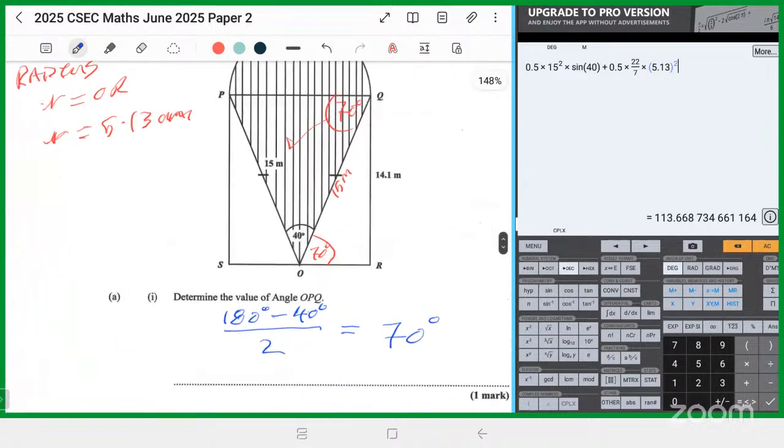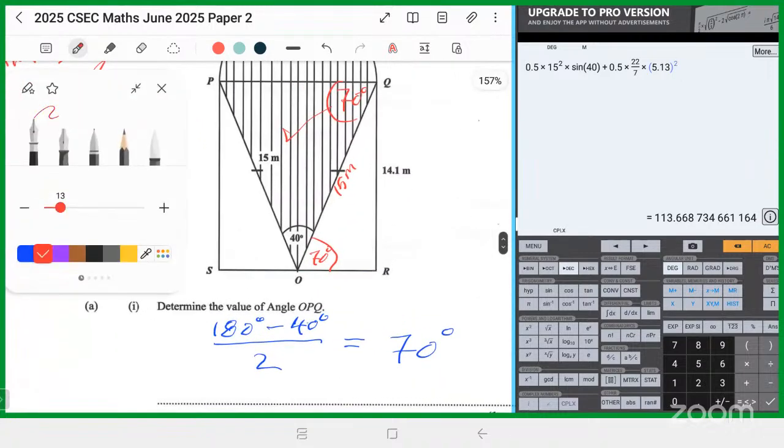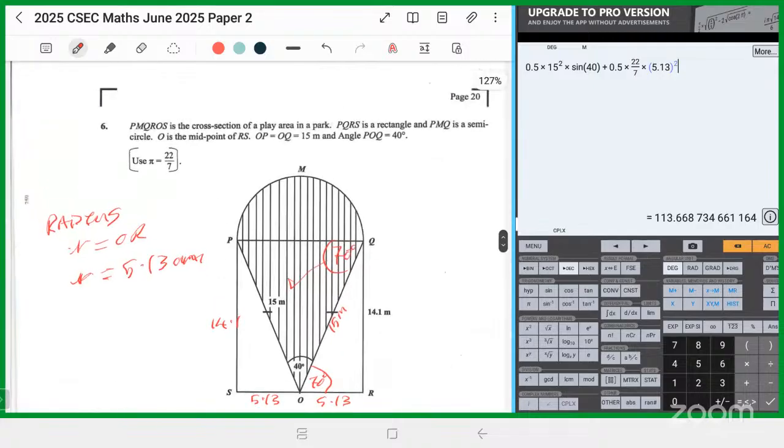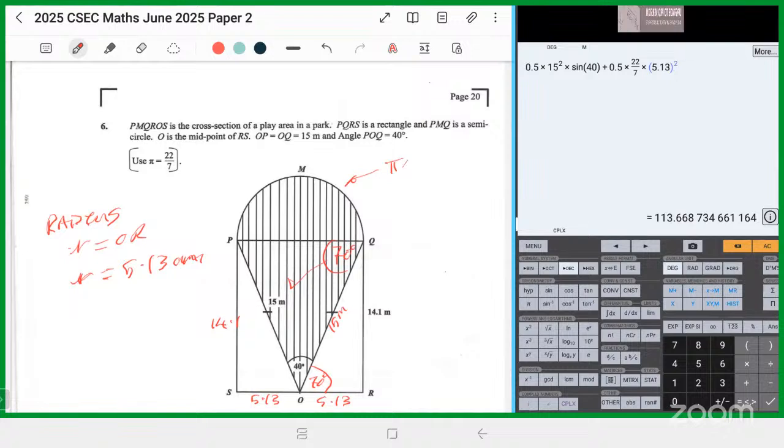So remember, this is 14.1. Over here also is 14.1. This is 5.13. This is also 5.13. And up here now is half of the circumference. Circumference is 2 pi r, so half of a circumference is just pi times r.